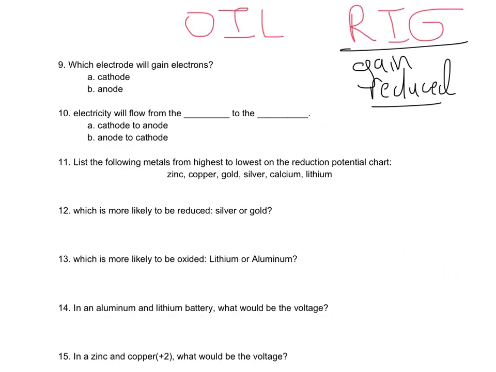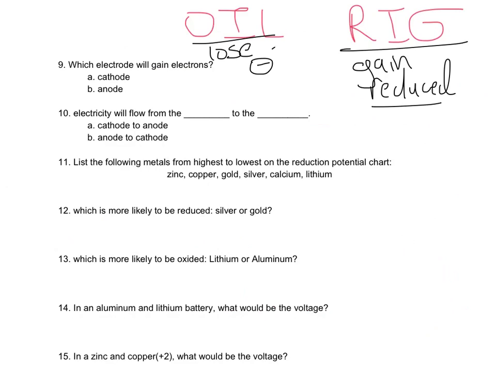Reduced, okay, will be gaining electrons. And we want to figure out, is that the cathode or the anode? So the one that is reduced is gaining electrons, meaning electrons are flowing to it. This one is losing electrons.